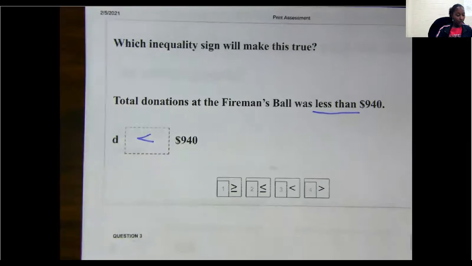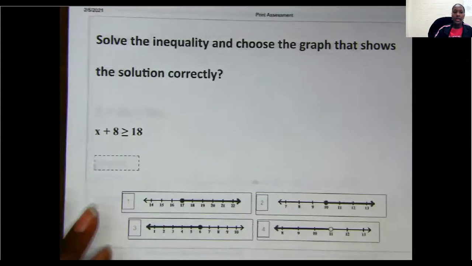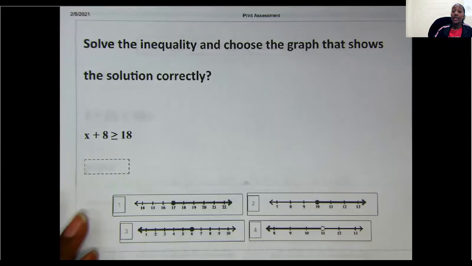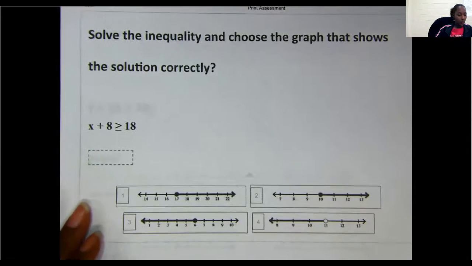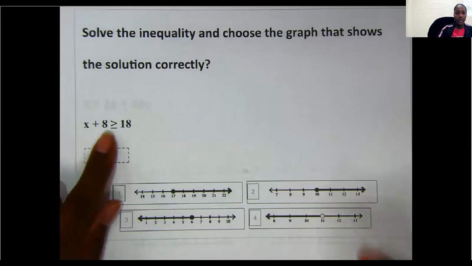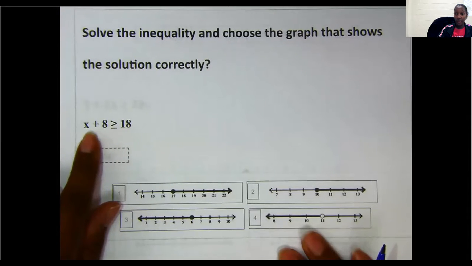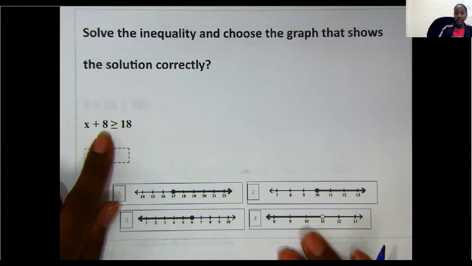Okay. The next question you had on your quiz, it says solve the inequality and choose the graph that shows the solution correctly. So first of all, I need to solve it. So I have x plus 8 is greater than or equal to 18. I need x by itself, so I need to get rid of the positive 8. Remember, in order to get rid of a positive 8, I have to do the opposite.